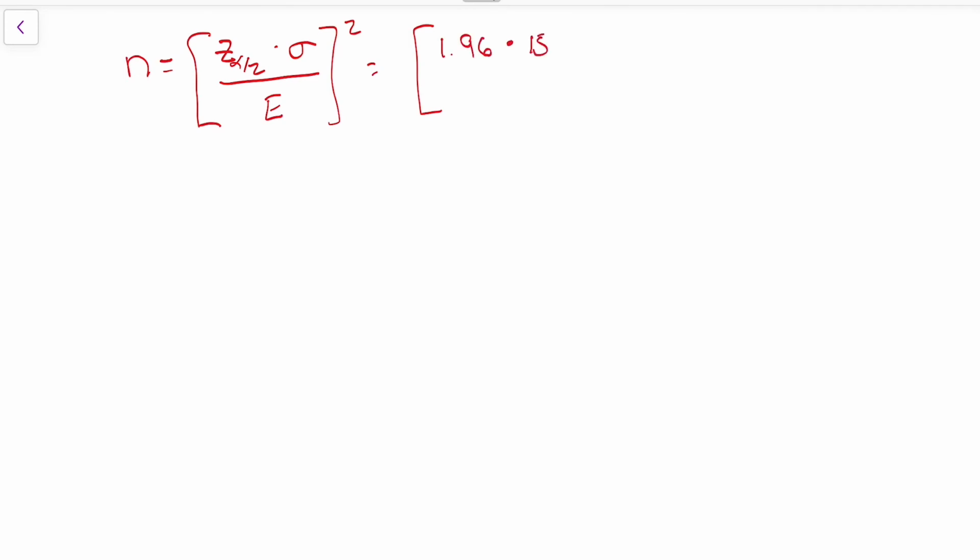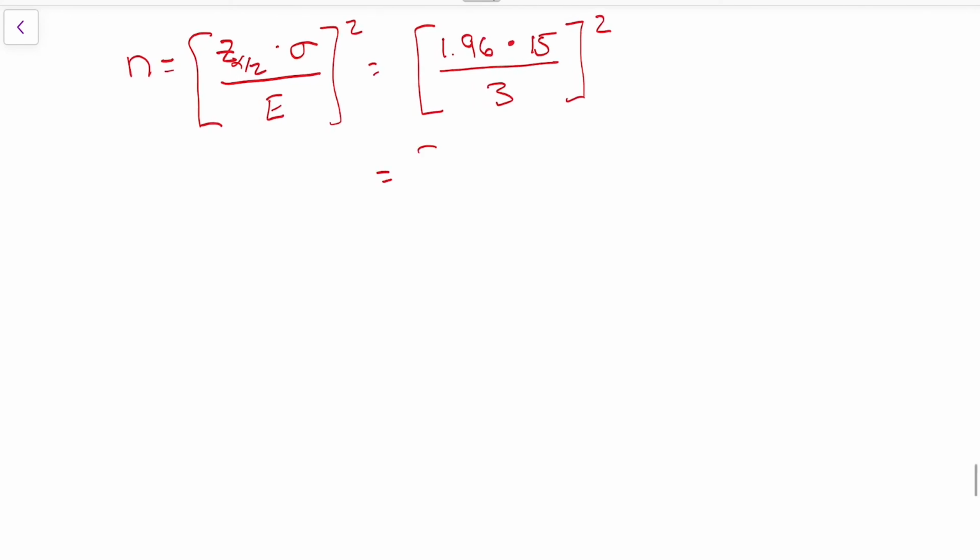So the number of people we need to study is going to be z sub alpha over 2 times sigma, all divided by E, quantity squared. My z sub alpha over 2 is 1.96. My standard deviation we said was 15, and our margin of error we want to be within is 3.